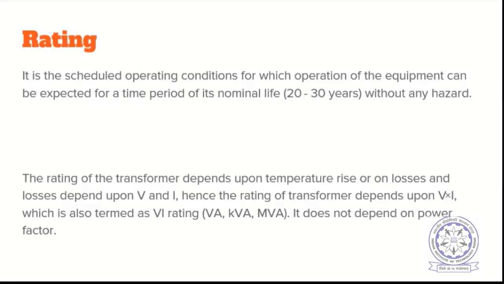So this is about rating. Then can we cross this rating? What happens if one crosses beyond the rated volt amperes, rated voltage and rated current? Normally, overloading means what? Whether it is exceeding voltage or exceeding current. What is your opinion?